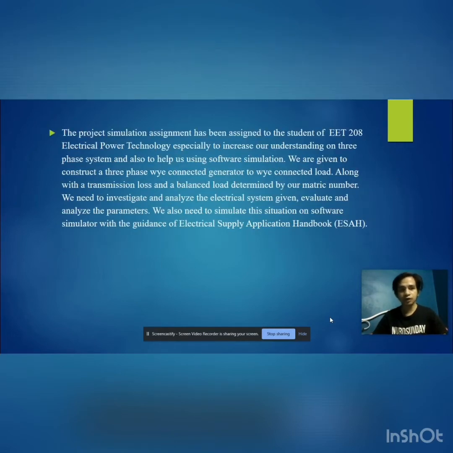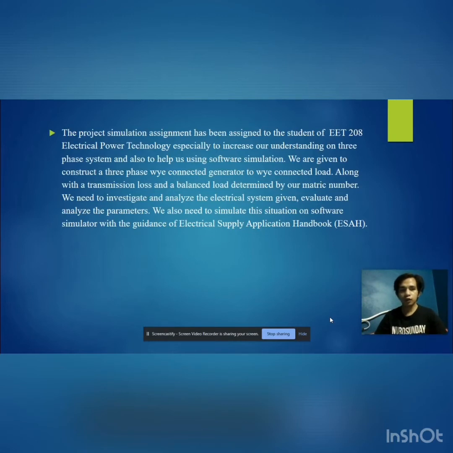The project simulation assignment has been assigned to the students of EET 208, Electrical Power Technology, especially to increase our understanding of the three-phase system and also to help us use software simulation. We are given the task to construct a three-phase Y-connected generator to Y-connected load, along with a transmission line and a balanced load determined by our metric number.